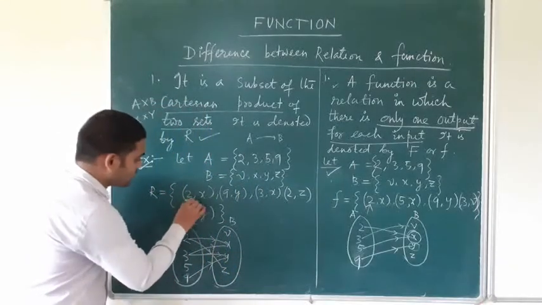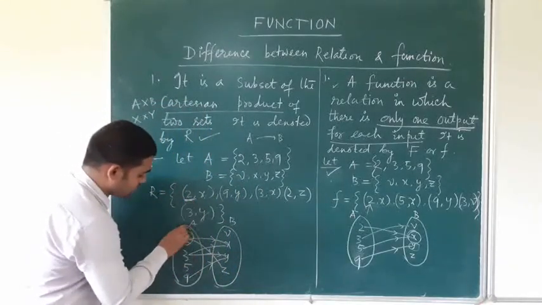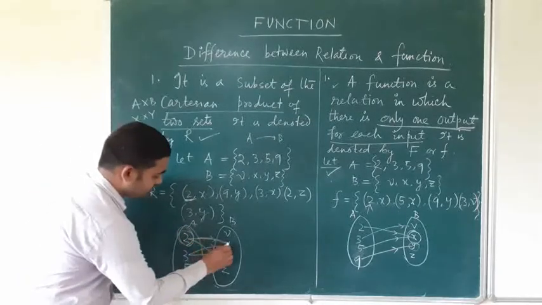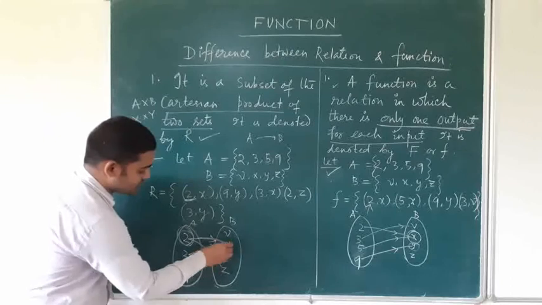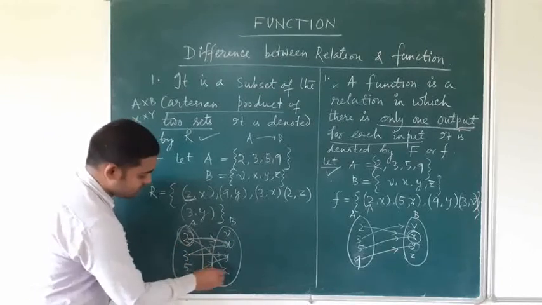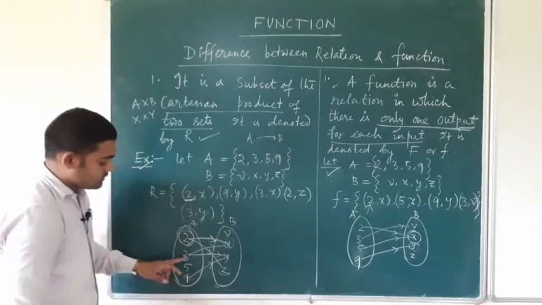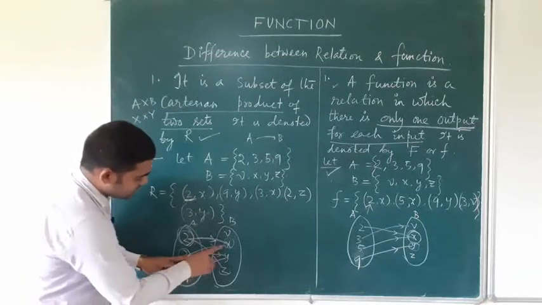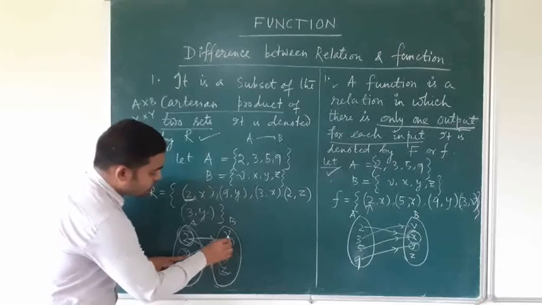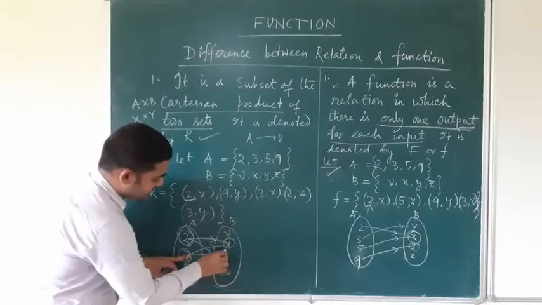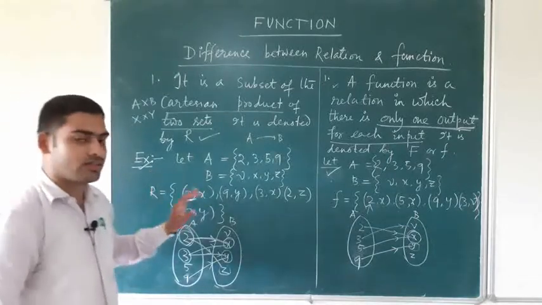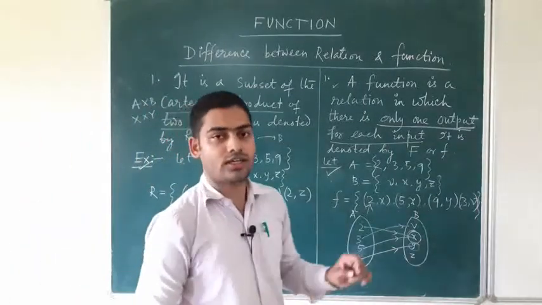Here you see one input is 2, but you are getting 2 outputs, X and Z. If input is 3, then you are getting 2 outputs, X and Y. So this relation is not a function.